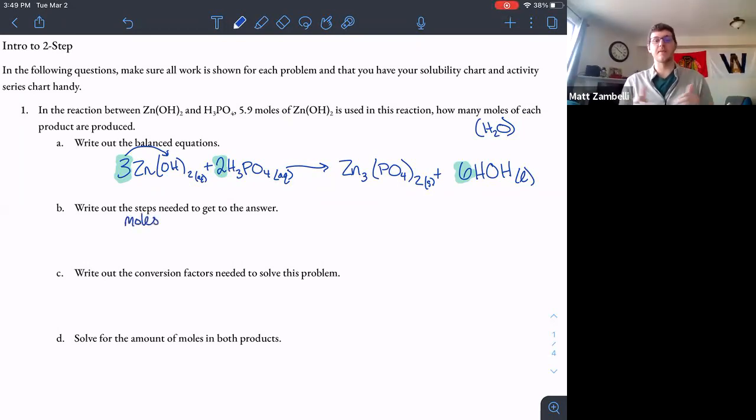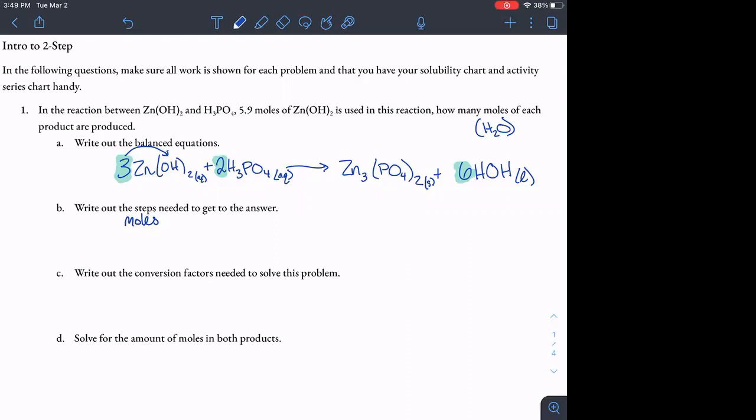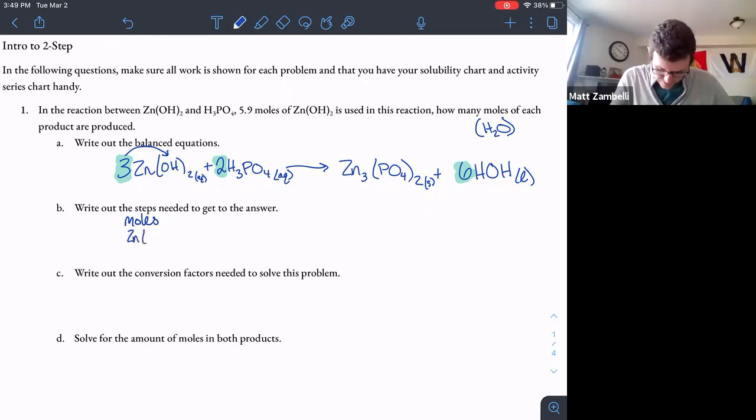And let's be specific about what kind of moles we're starting with. Moles of what? Zinc hydroxide? Of zinc hydroxide, perfect. Moles of zinc hydroxide. All right, and what are we trying to figure out at the end of this problem?